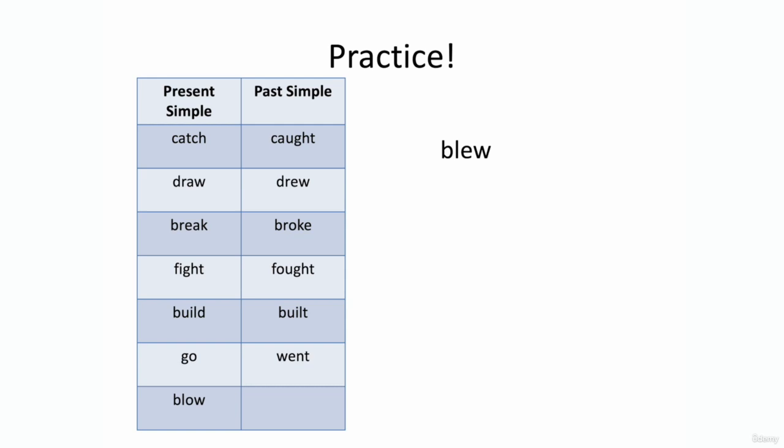Blow, blew. Notice how blow also is changed to EW at the end in the past simple, but also the verb draw that ends with AW also got transformed to EW in the past simple tense.